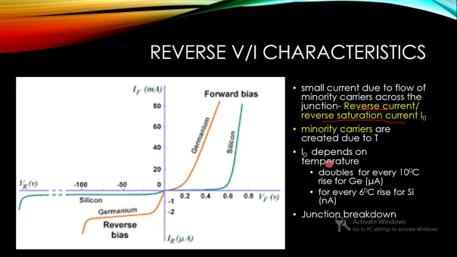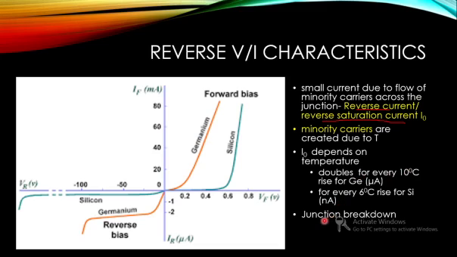hugely on the temperature, and you can see that it doubles for every 10 degrees Celsius rise for germanium, while it is doubling at the rate of 6 degrees Celsius rise for silicon. Okay, so every 6 degree change in temperature you'll get doubling for silicon, and for every 10 degree rise you can see a doubling for germanium.